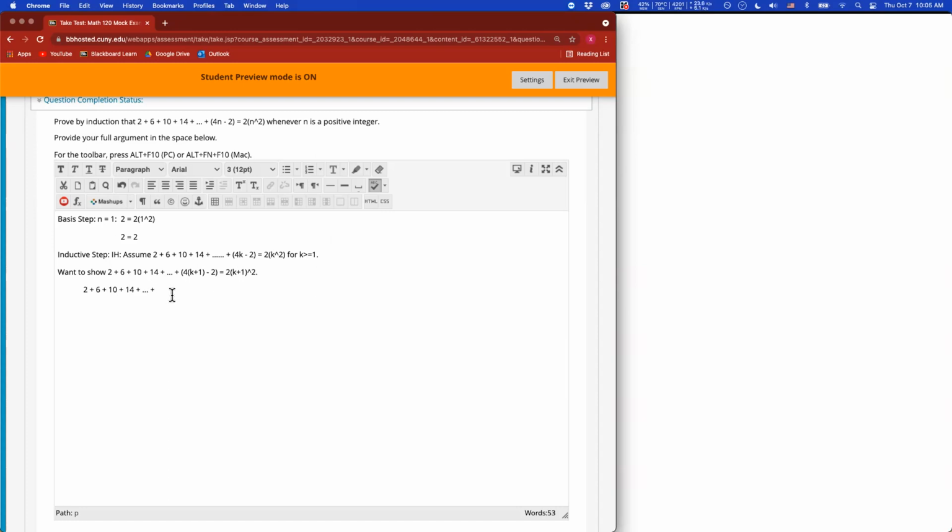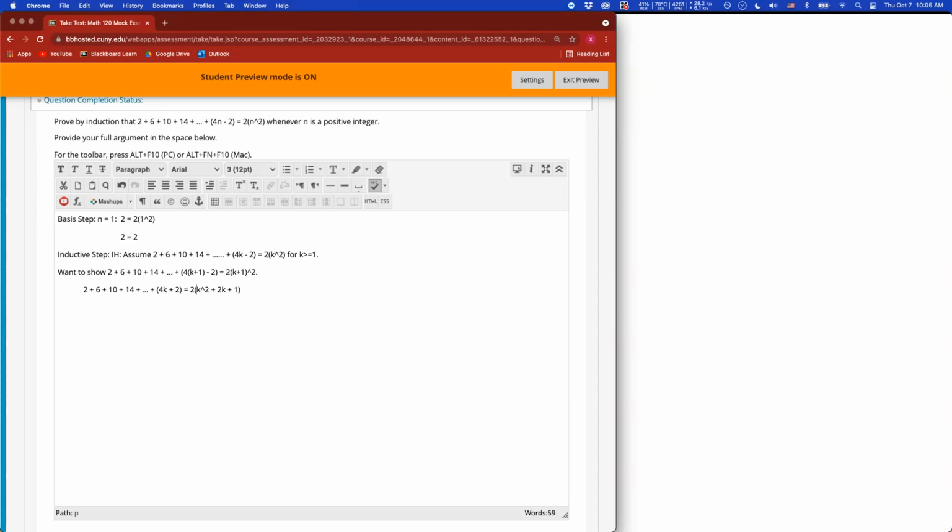Now, if you look at the last term here, you have 4k plus 4 minus 2, which means you have 4k plus 2. And you want to show this is equal to 2 times (k+1) squared. Then that means you have 2 times (k+1) squared, you will get k squared plus 2k plus 1.